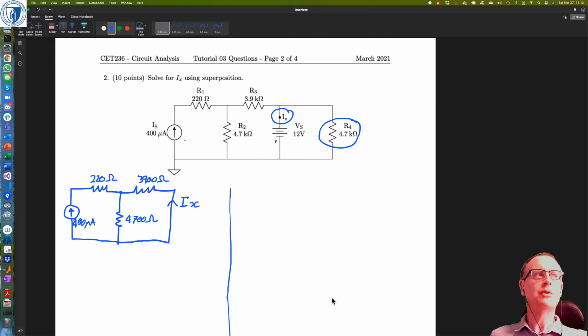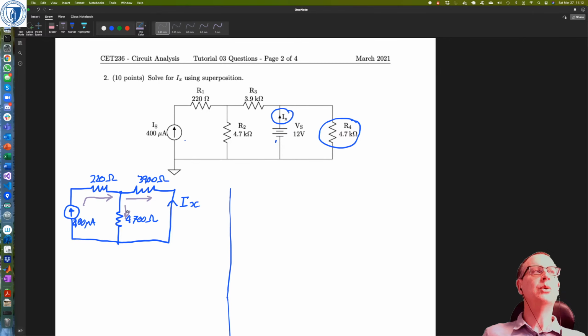So my first thought would be mesh analysis or current dividers, right? Because I've effectively got a current here of 400 microamps, and it's going to be split somehow between the 4700 ohm resistor and the 3900 ohm resistor.